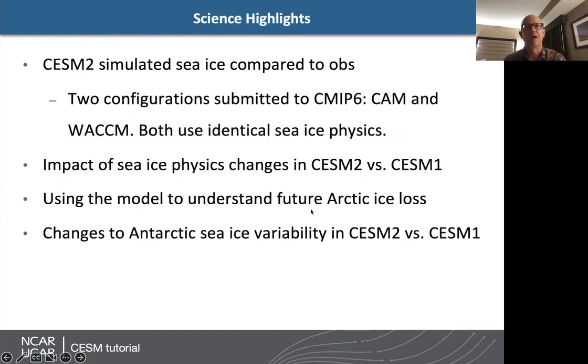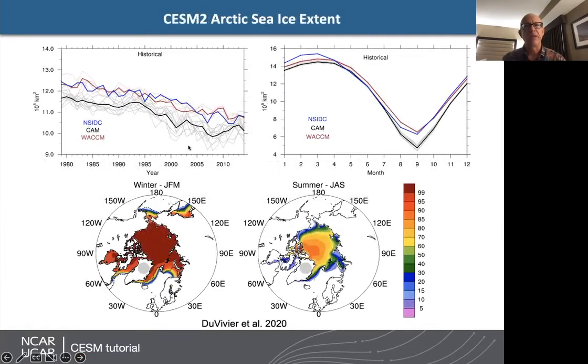So I'm going to show you some science highlights here, just some of the recent results from CESM2 versus CESM1 and so forth. These were the runs that we did for the CMIP process.